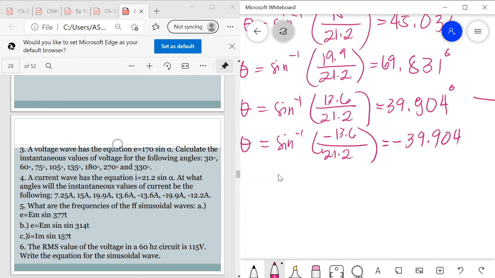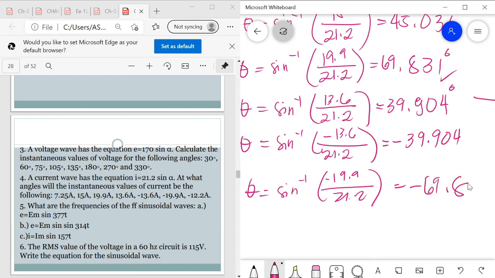Next, negative 19.9 divided by 21.2. It is negative, so this is the same: positive 19.9 and negative 19.9. Negative 69.831.